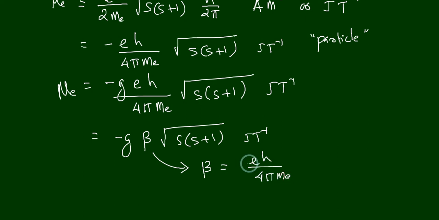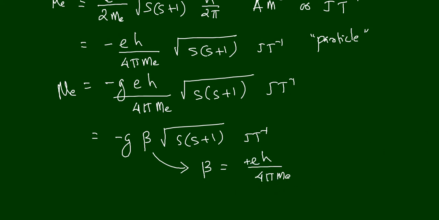Here you have to be very careful. This e is considered as a positive quantity. So beta is equal to plus e h divided by 4 pi me. Do not substitute the negative charge of the electron here. You have to consider it as a positive quantity.